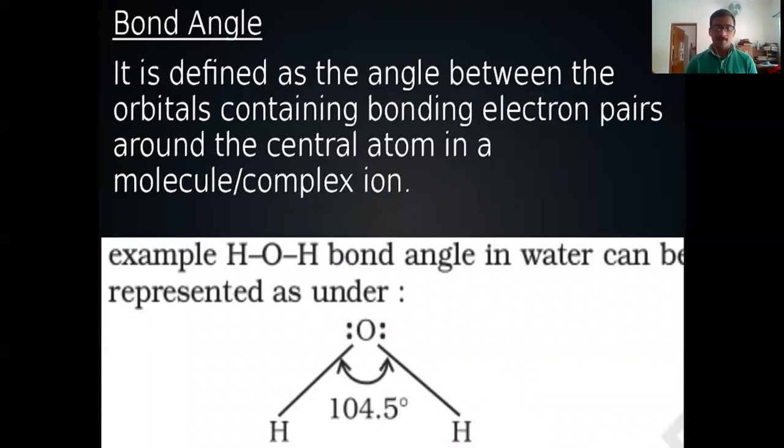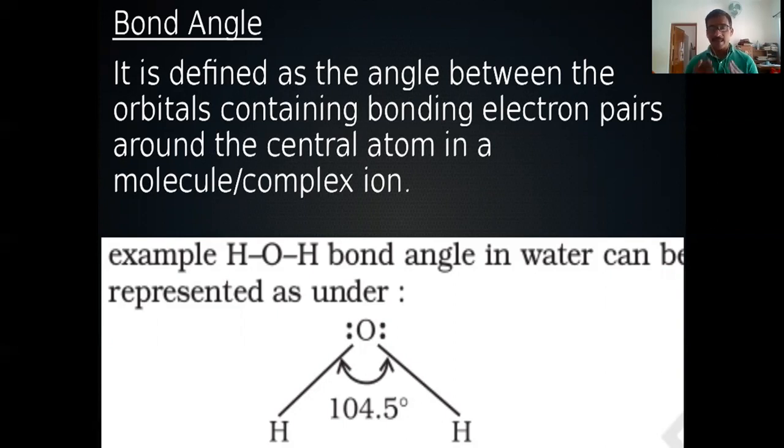It was a question for this year's improvement examination. What is bond angle? That was the question. It is defined as the angle between the orbitals containing bonding electron pairs around the central atom in a molecule or complex ion.